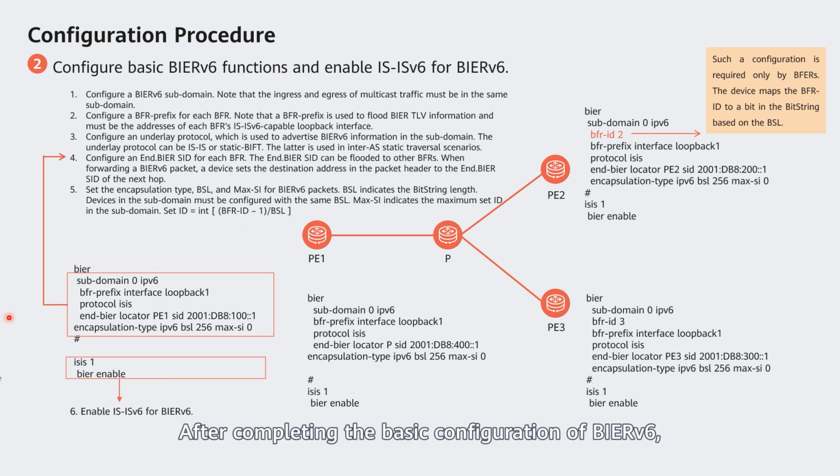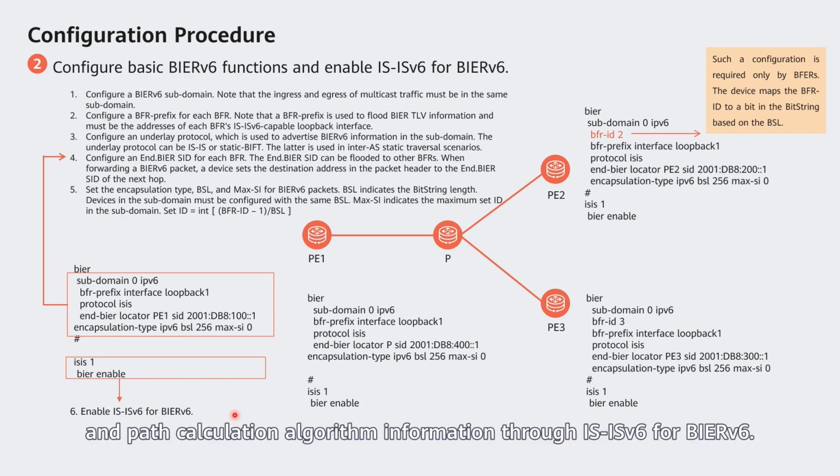After completing the basic configuration of BIERv6, enable IS-IS and BIER so that each node in the BIERv6 subdomain floods its BFR prefix, subdomain ID, BFR ID, BSL, and path calculation algorithm information through IS-IS IPv6 for BIERv6.